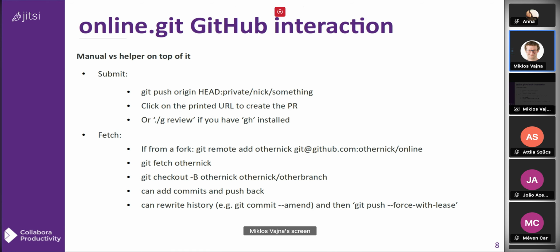And in case you were rewriting history, like you changed the commit message, for example, because it was poor, and it's easiest to just fix it yourself and then approve the change rather than asking the submitter to fix that for you, then you can do a force push. In case you do a force push, it's very useful to not do an actual force push, but use force with lease, which says force it, but only in case what I believe is the remote state is actually the remote state.